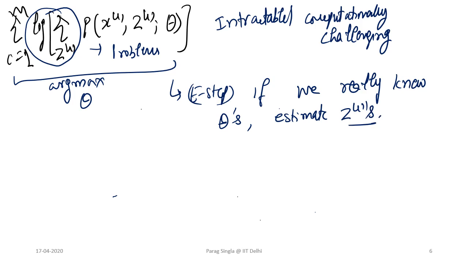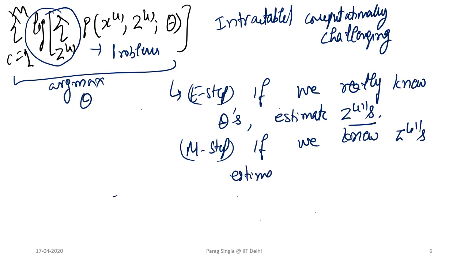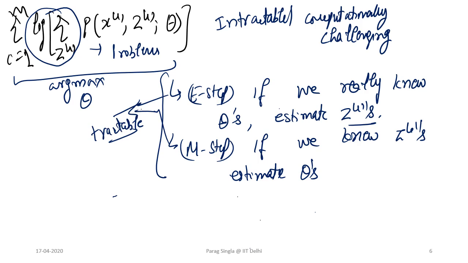So if someone gave us the parameters, then we could estimate the zi's. And on the other hand, if we knew the zi's, then we could estimate the thetas. Both these steps, at least in the case of GMM, were actually tractable. They were computationally very efficient. So when I say intractable here, I used it maybe a little bit loosely.